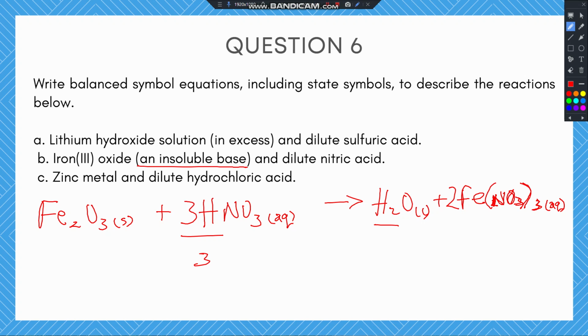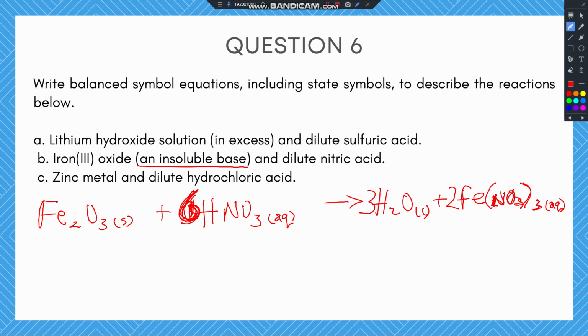We have 3 here, we have 2 here. The lowest common multiple of 3 and 2 is 6. So if we put 3 here, we'll have to change this 3 over here to become 6. So that way hydrogen is now balanced, 6 on the left and 6 on the right.